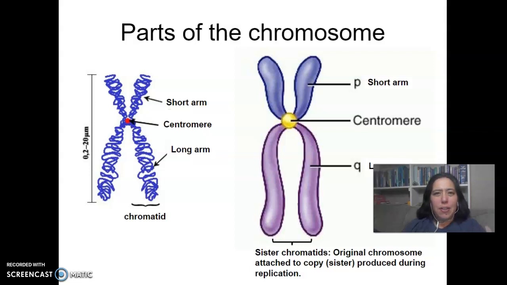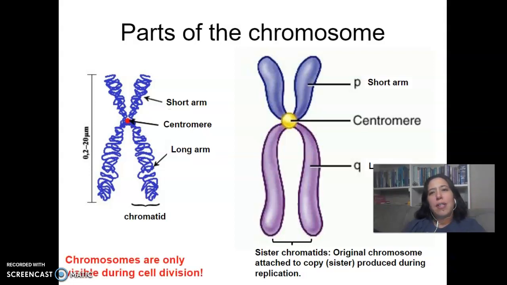However, when a cell is undergoing cell division, that DNA condenses into these chromosomes, which are visible during cell division. And a chromosome is basically a single strand of DNA that's been copied, so an exact copy, and they're attached by what's known as a centromere.